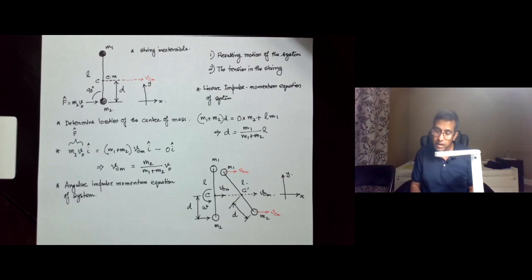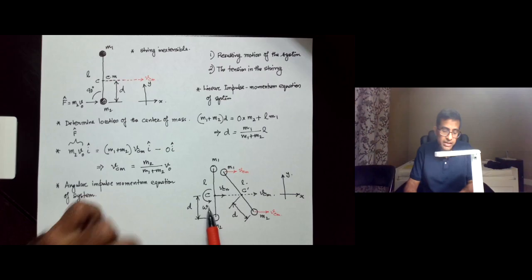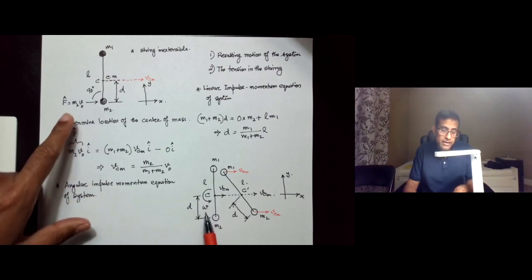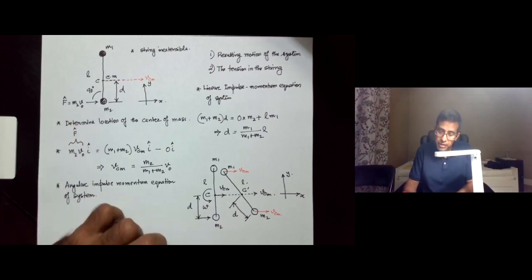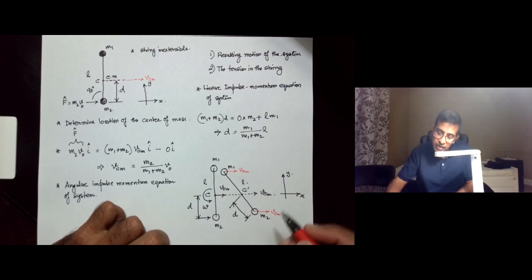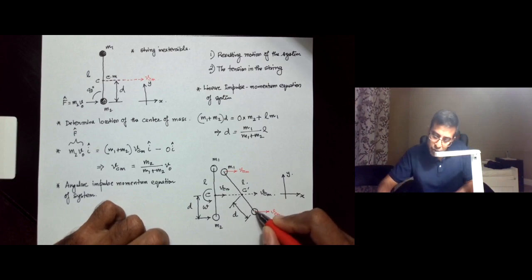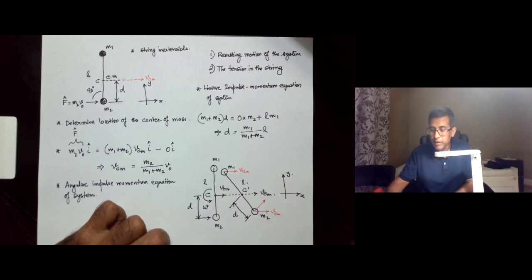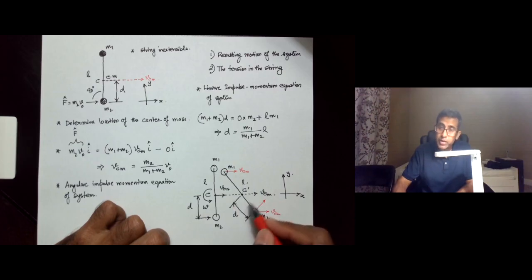However, on top of that, there is an angular velocity that is created by the fact that f hat produces an angular momentum, and this angular velocity will produce a velocity here. Angular velocities are going to be perpendicular to the line joining the center of rotation to the point or the location of the particle.